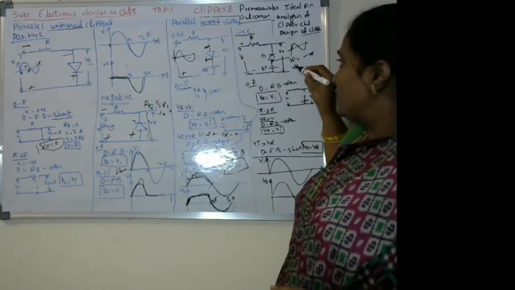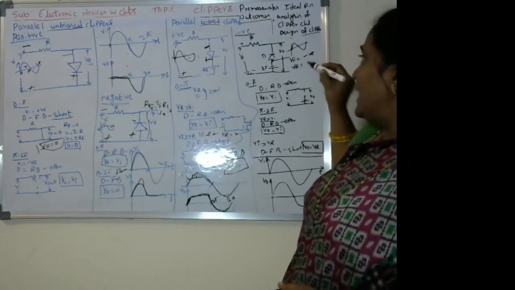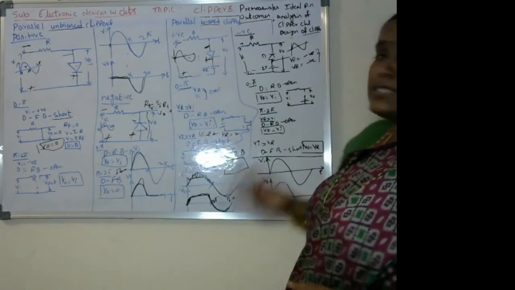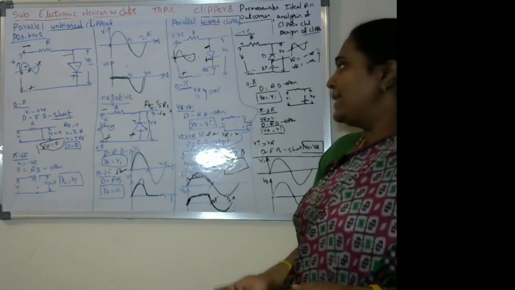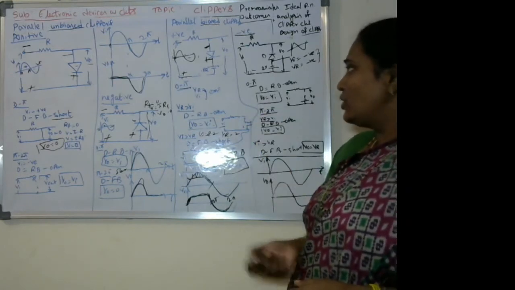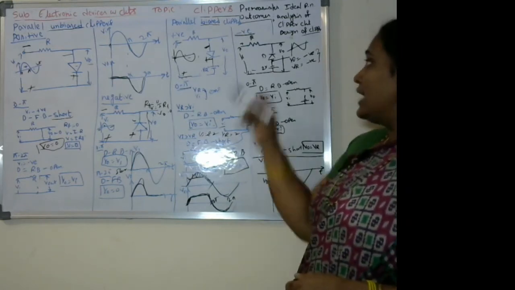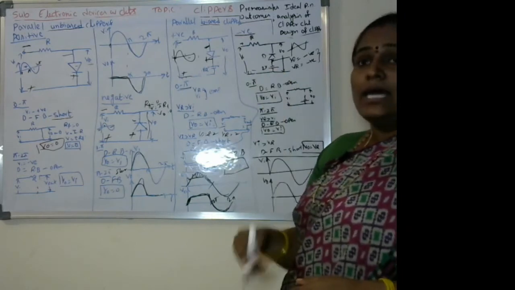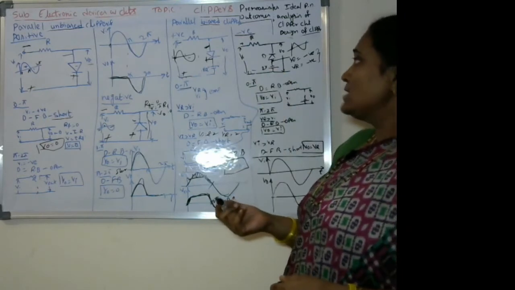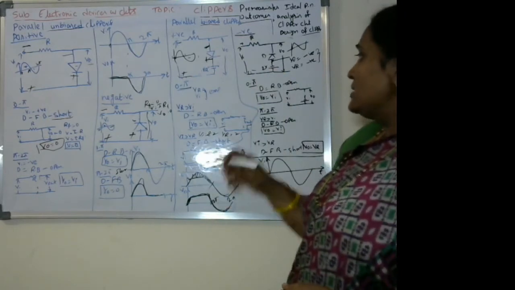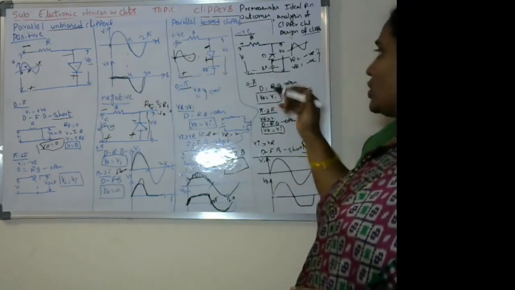With respect to VR, we are also having negative, the same. So no need to go for comparison. We have to observe whether the diode is forward biased or not, and once we see that, we will go for the conclusion.